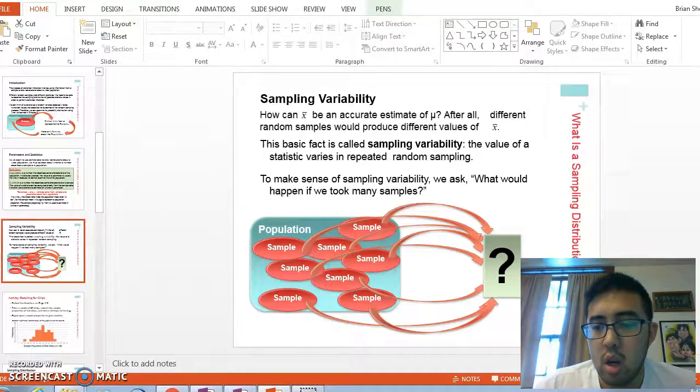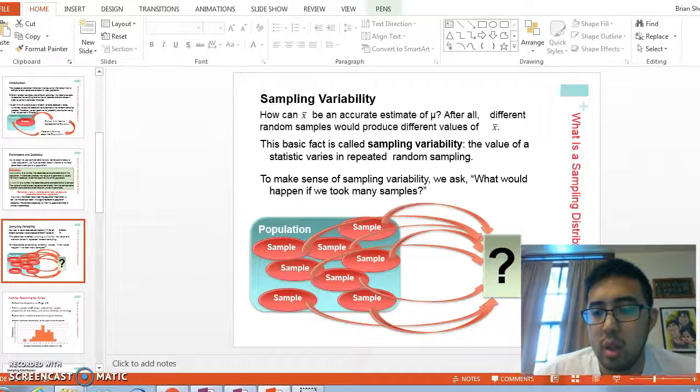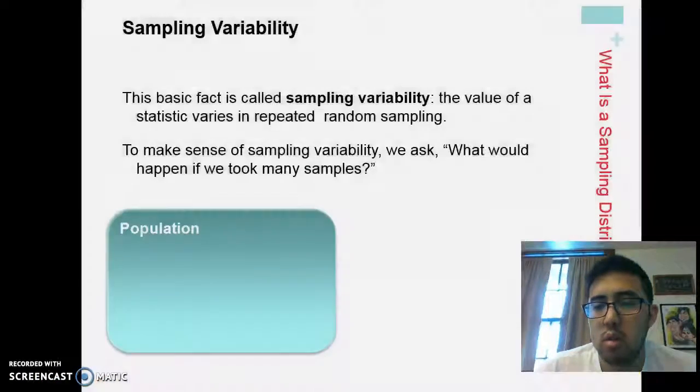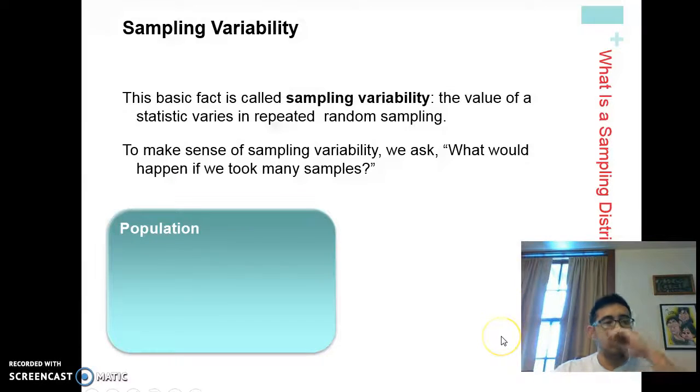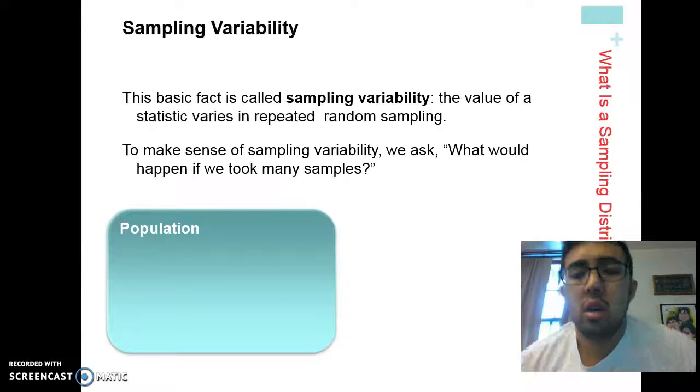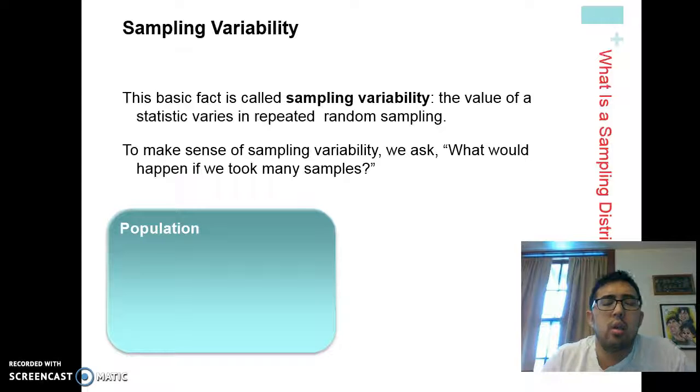So let's talk about sampling variability. Okay. Now, when you take multiple samples from a population, a lot of times the question is, is my sample a representative sample?